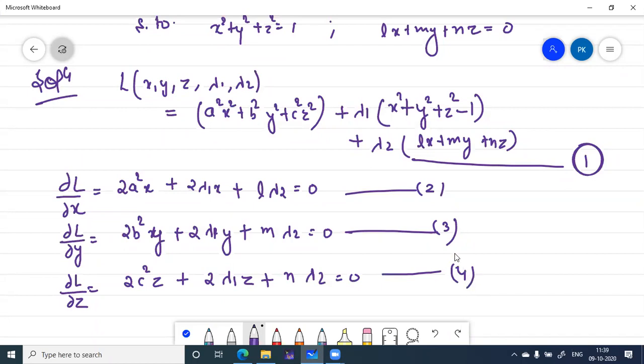Now you have to eliminate. To eliminate, I'm going to multiply equation number 2 by x, 3 by y and 4 by z, and add these three equations.